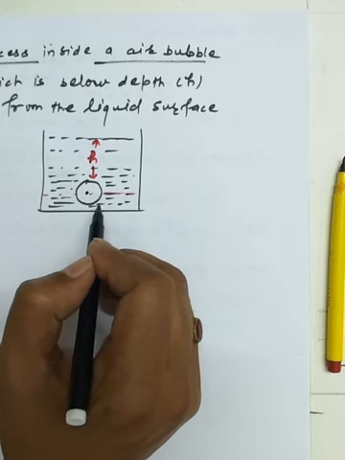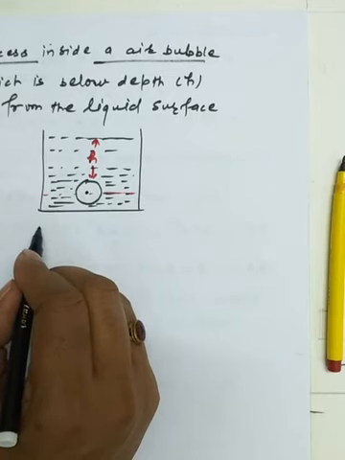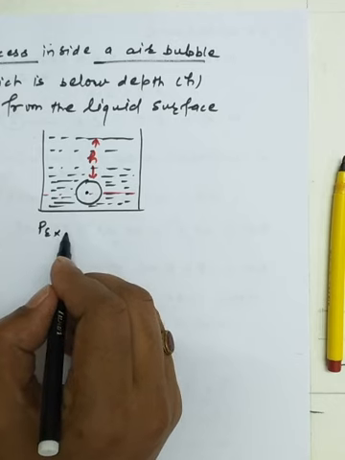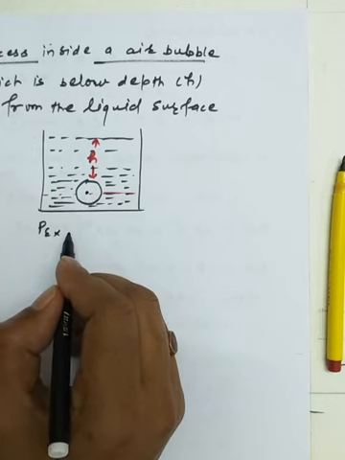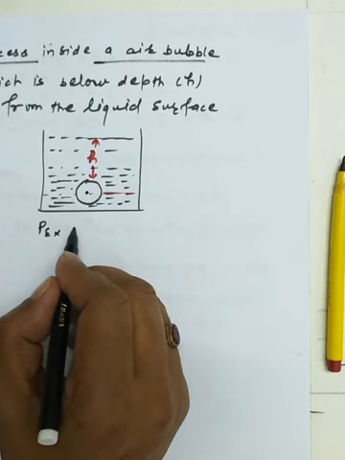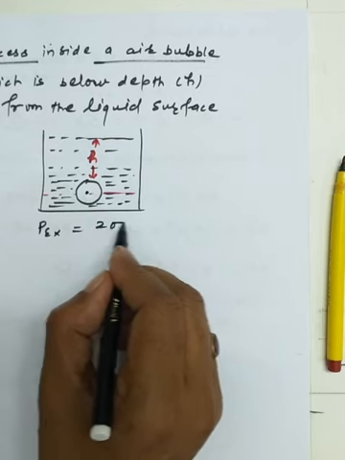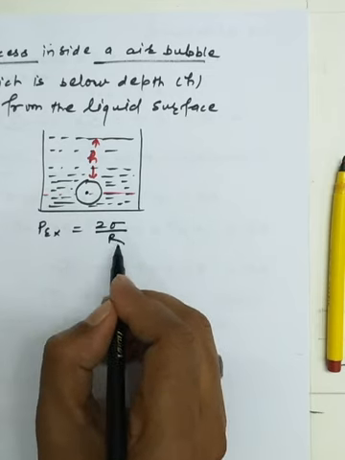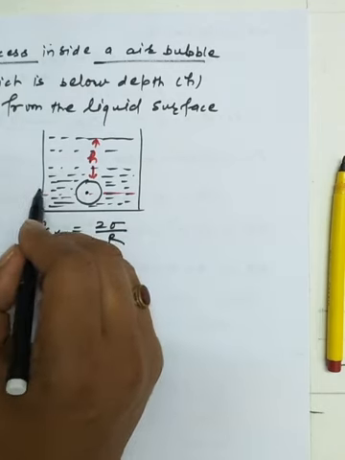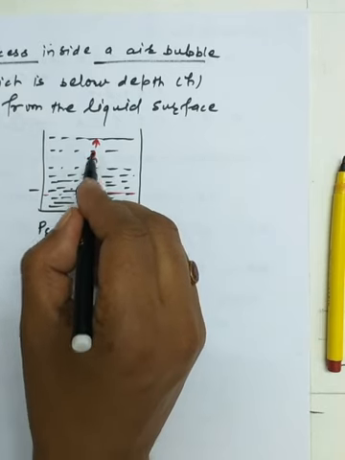So we are considering the excess pressure inside an air bubble. So with the single interface surface, I can write it as 2 sigma upon r.